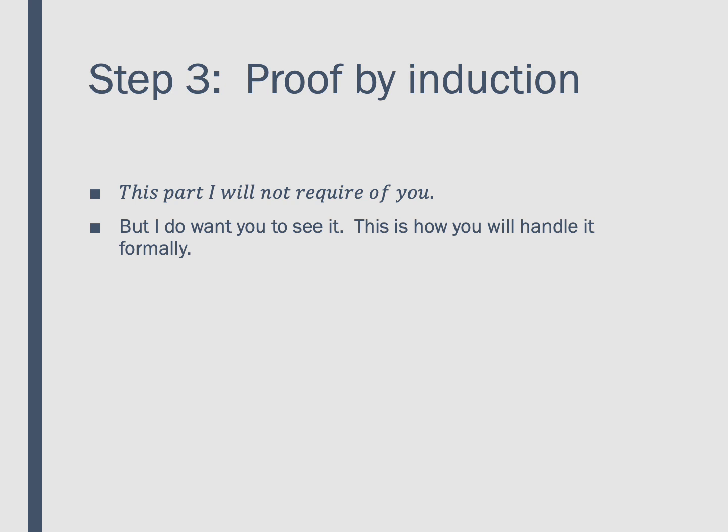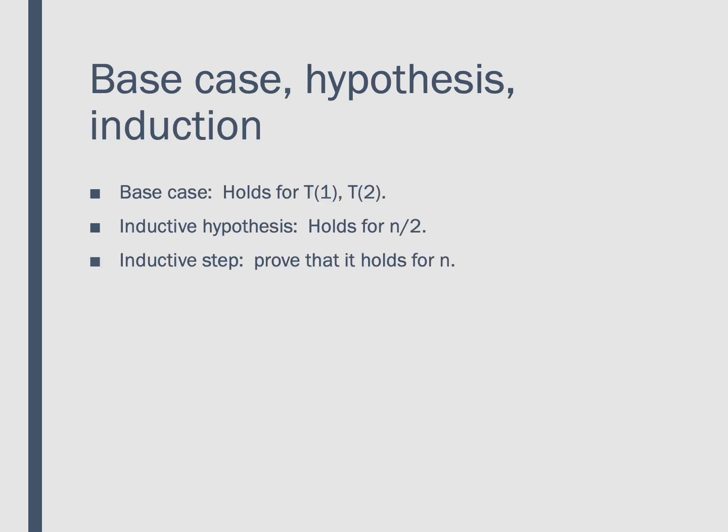So here we have base case, inductive hypothesis and inductive step. In the base case, the first step is to verify that the recurrence holds for the smallest inputs. Check T1: by definition T1 equal to 1, and this aligns with our guess.